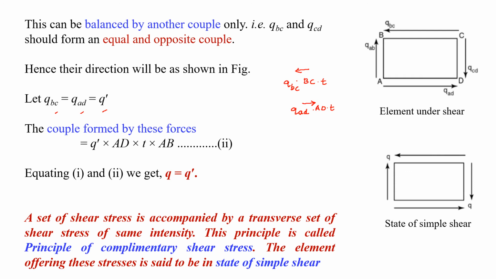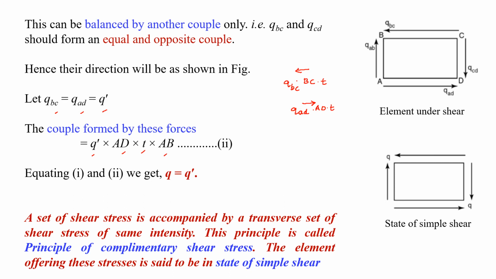So the couple formed by these forces is Q dash into AD into T, that is a force, multiplied with the lever arm, that is AB. And this couple is in the anti-clockwise direction, whereas the couple formed by the vertical forces is in the clockwise direction. Let this be equation number 2.